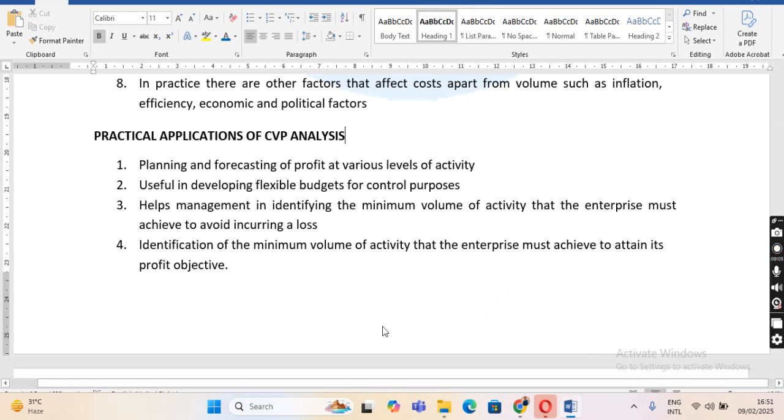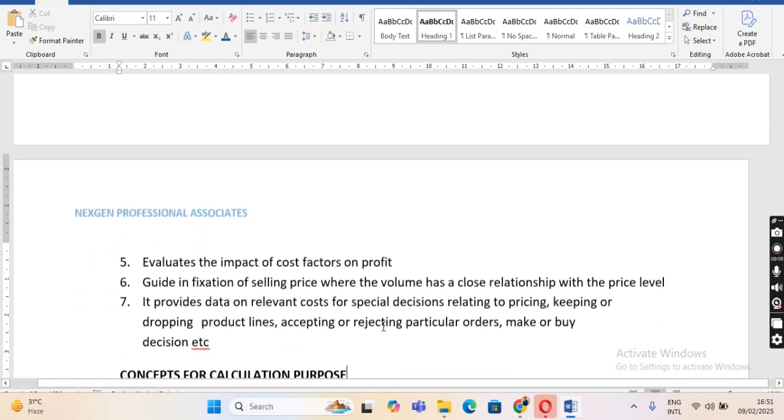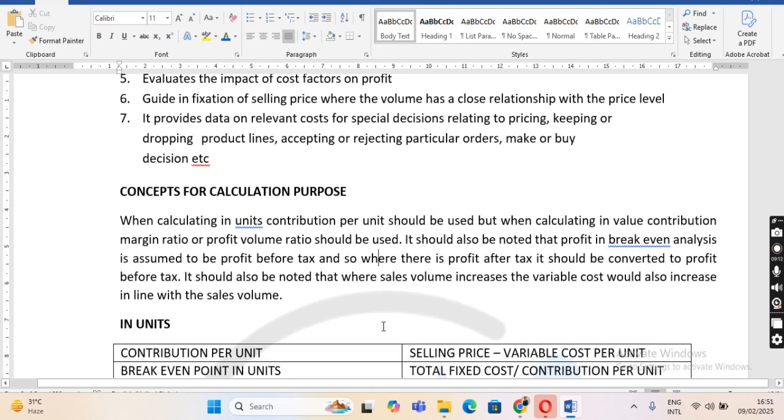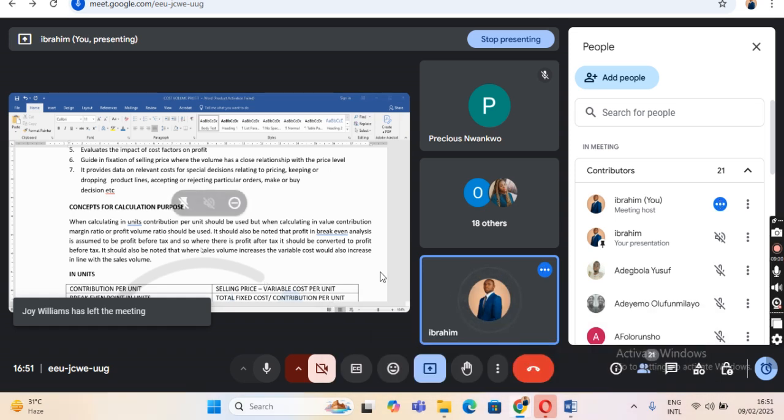Now, we will quickly move to the concepts for calculation purposes, right? Class, please pay attention to this part. It is very important for you to pay attention to this part.